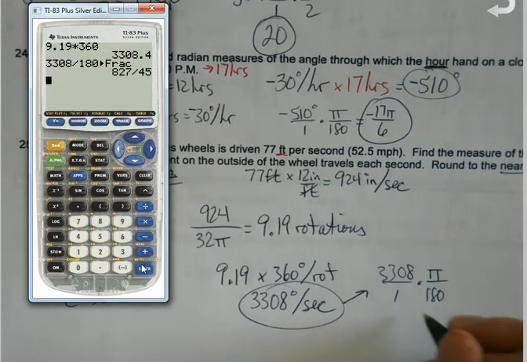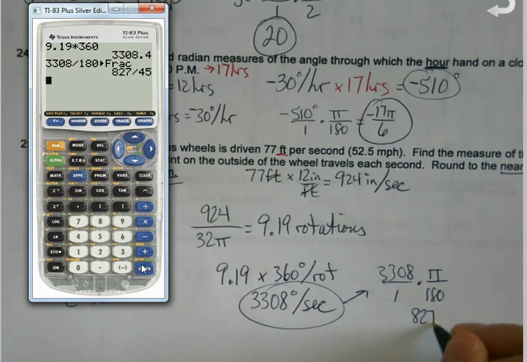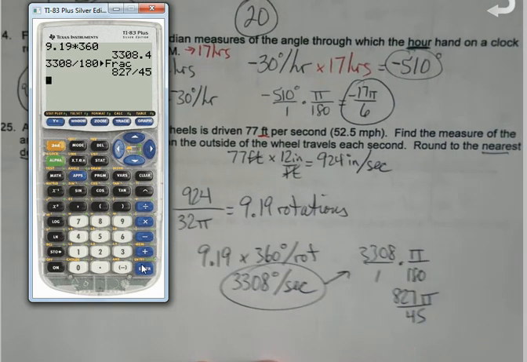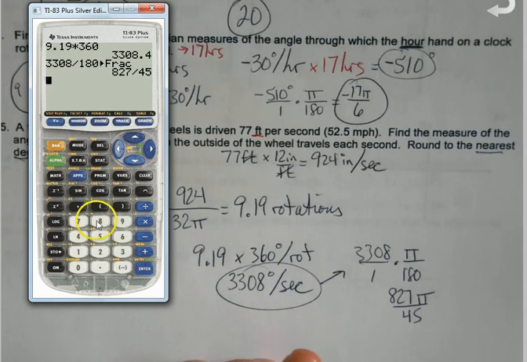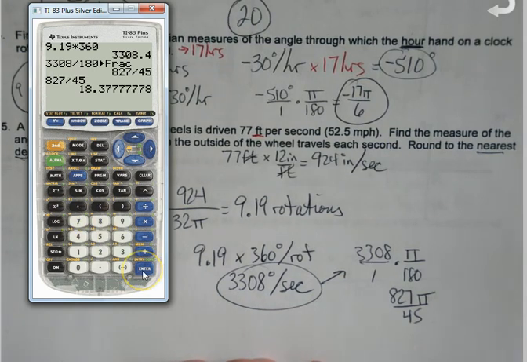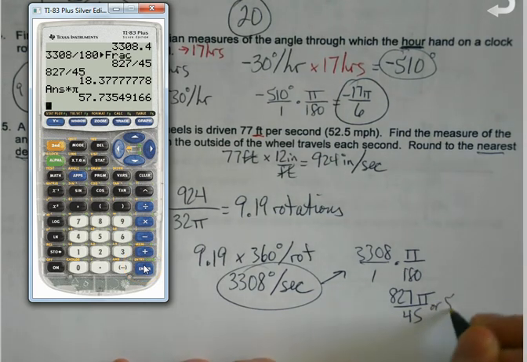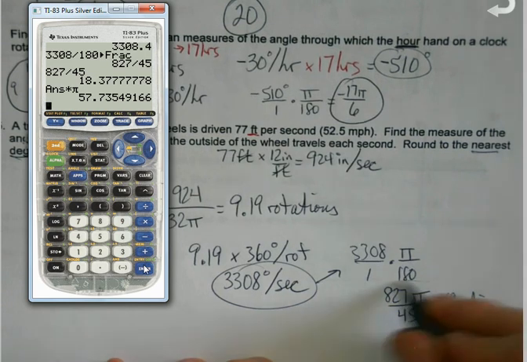Yikes. 827 pi over 45. Or, because it says to the nearest, you could go ahead and multiply it times pi. I think either of those is acceptable.